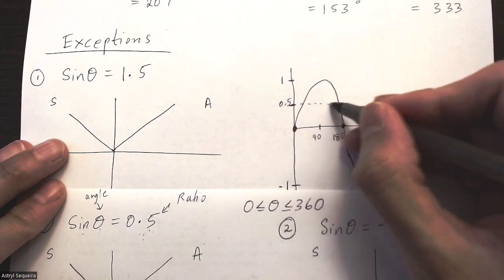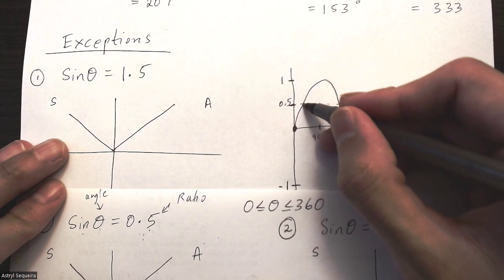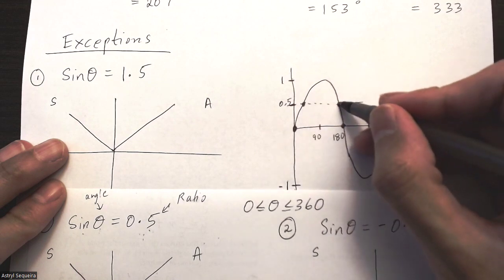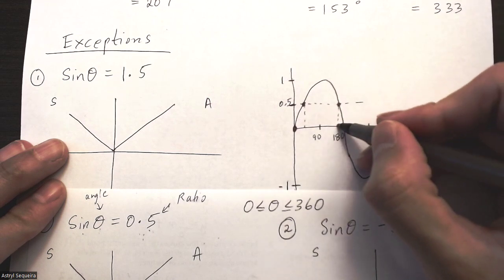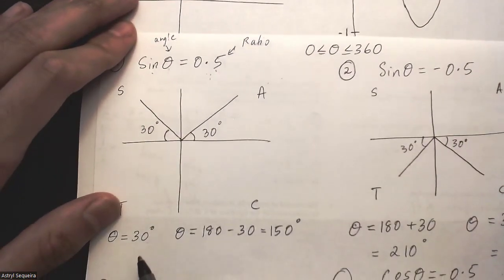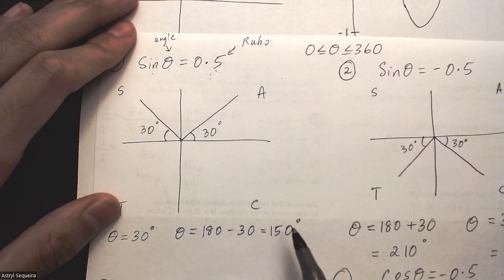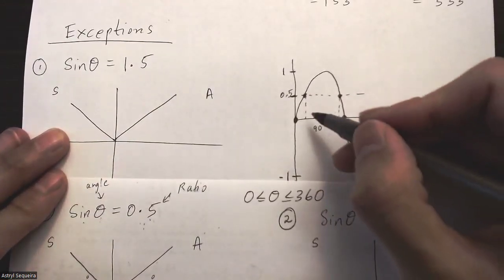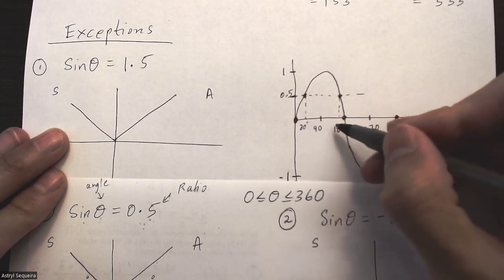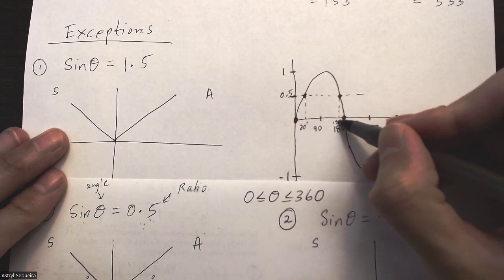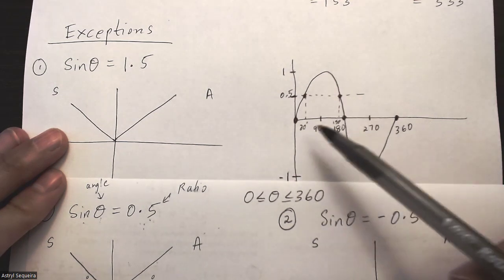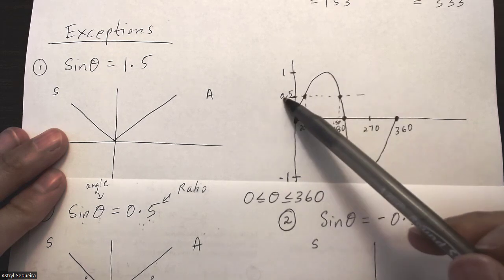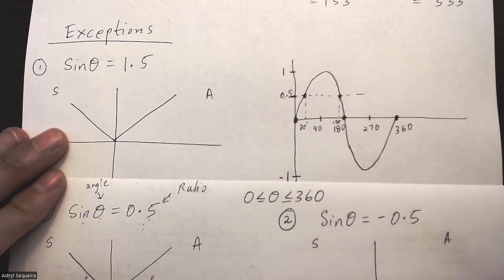If I draw a dotted line across, there are two places where it intersects the graph. These two places are the solutions that I found, which were 30 degrees and 150 degrees. So this one right here is 30 degrees, and this one is 150 degrees. So all you can see is we are using the CAST rule to find the x values, which are basically angles, given a y value, which is a ratio.